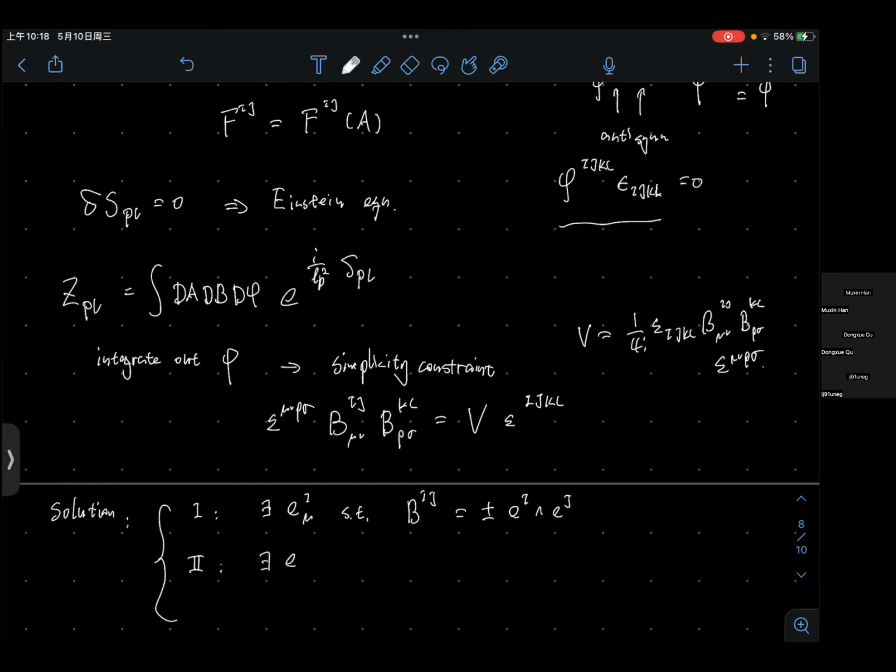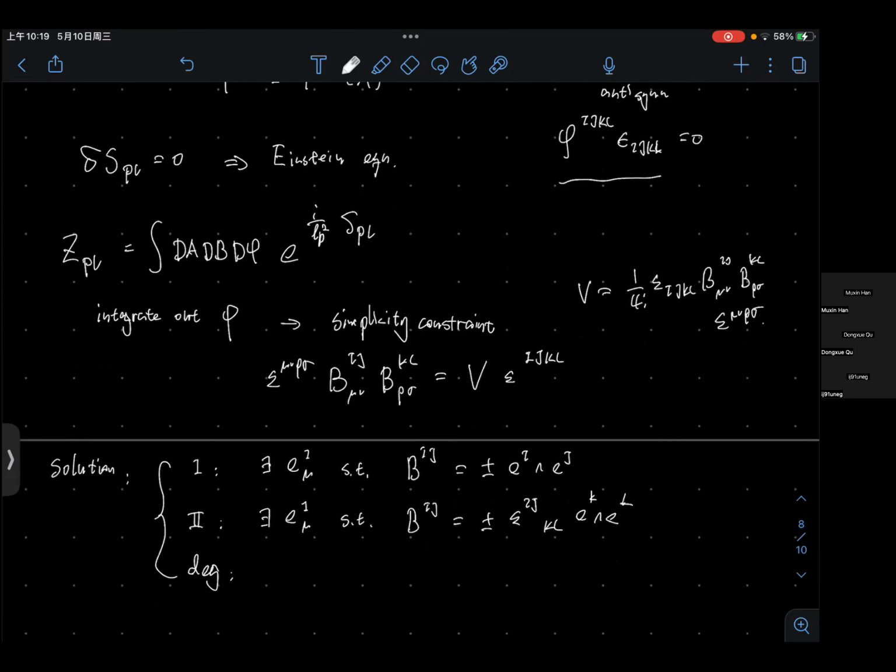There exists a cotetrad e such that B^{IJ} equals plus or minus the dual of e wedge e. Then there's a third sector which is degenerate, which is less interesting. It corresponds to some degenerate geometry, which means the volume equals 0.